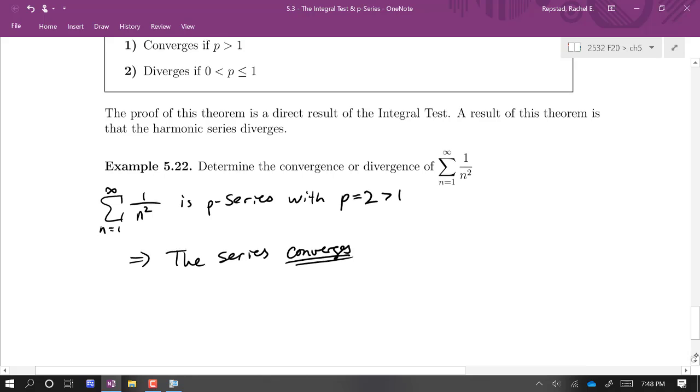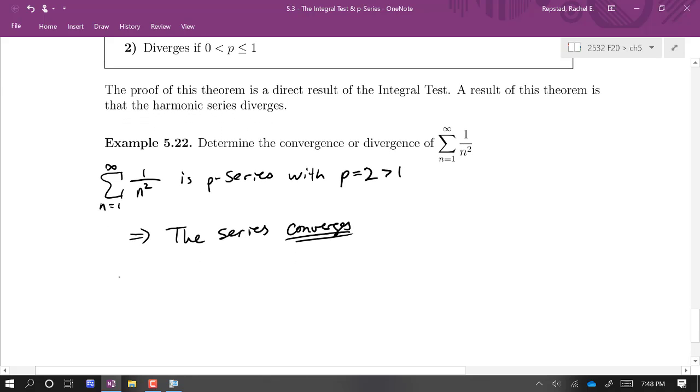And then just to finish out this section with a little bonus fact, an interesting fact. For a lot of the series that we look at, the best we'll be able to do is determine whether it converges or diverges, and very rarely will we be able to say, oh, we know it converges to this sum, right?